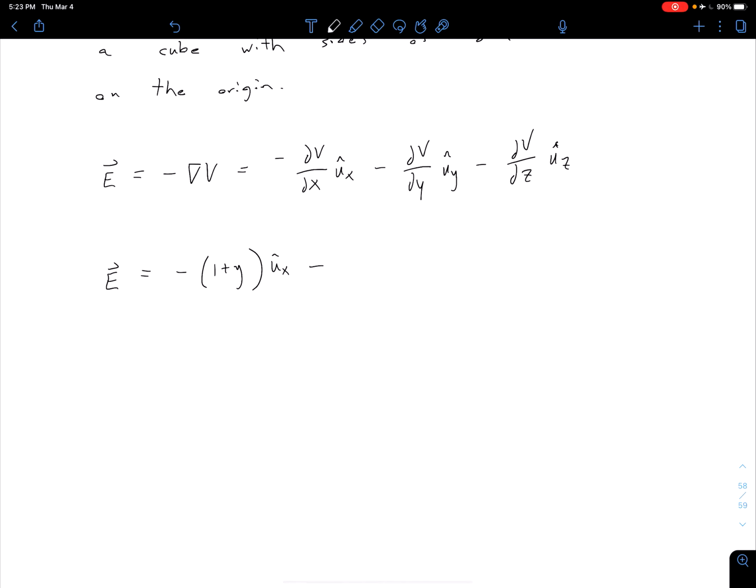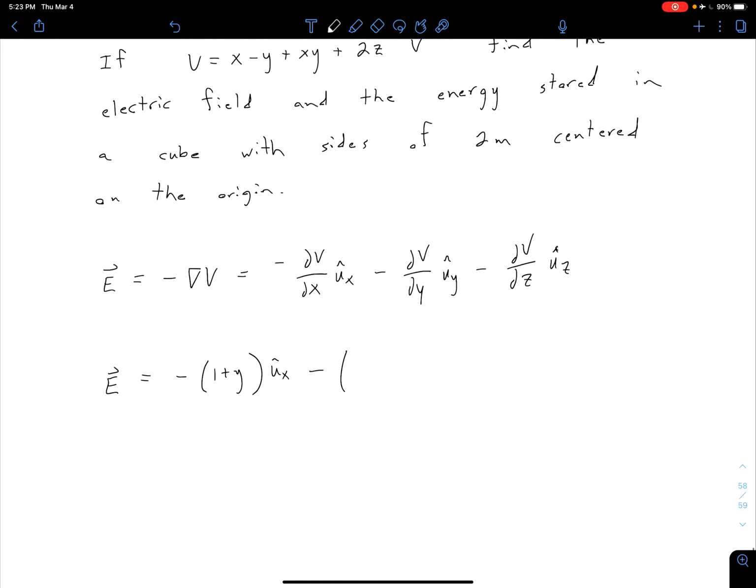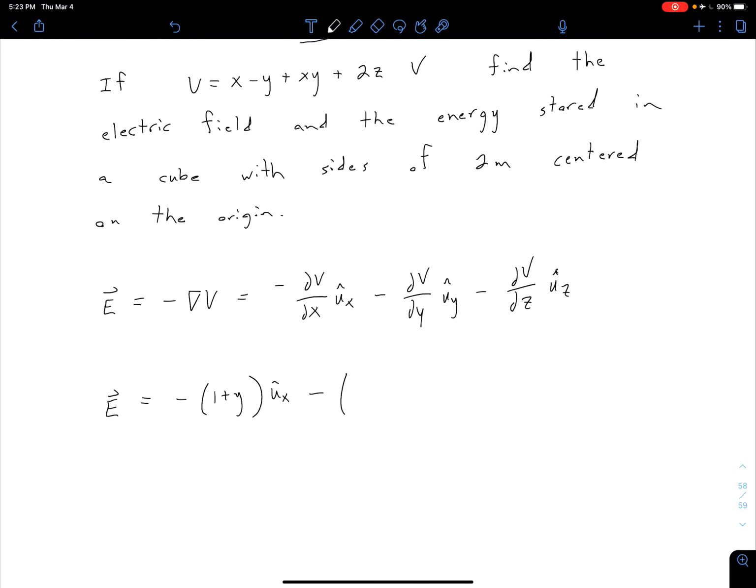We then have minus the partial of V with respect to y, so just scrolling up so you can see that. That's going to be negative 1 plus x, and that's in our y direction. Finally, we have the partial of V with respect to z, which is just going to be a 2, and that's in our z direction.